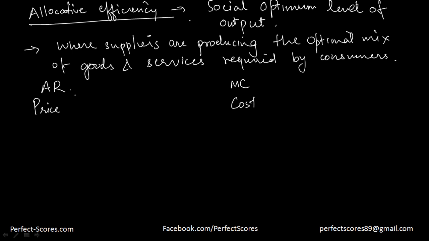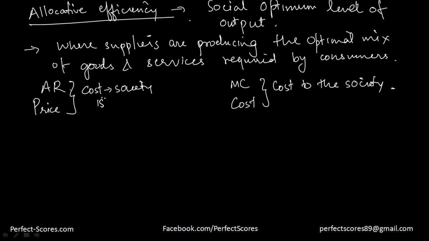Marginal cost refers to the cost to society, to all the resources, to produce one extra unit, and the price represents what society is ready to pay per unit, because we're talking about average revenue here.